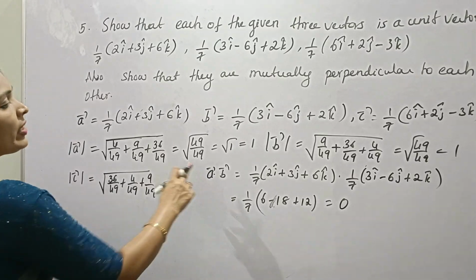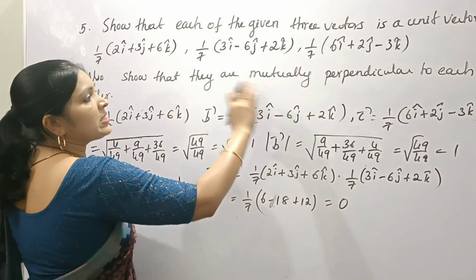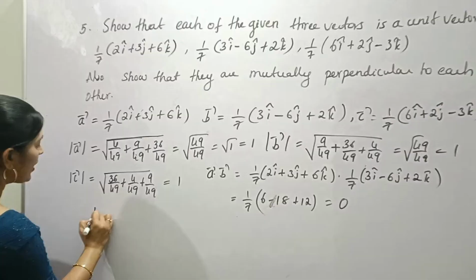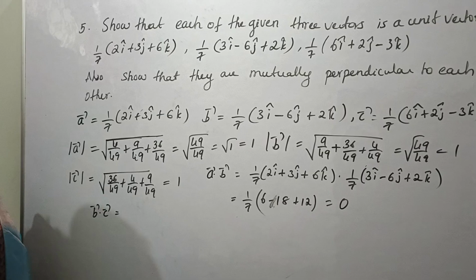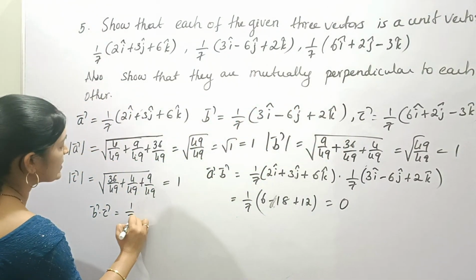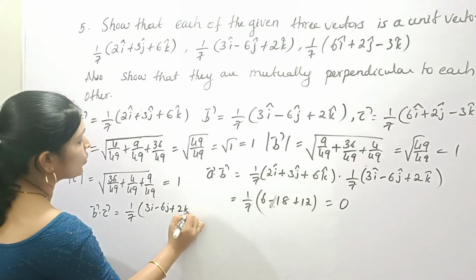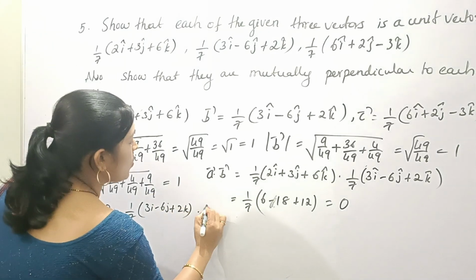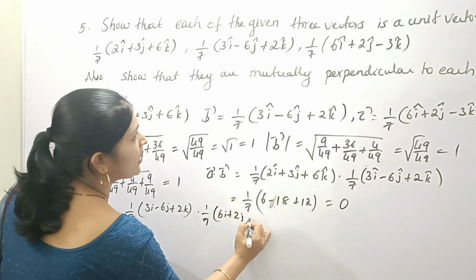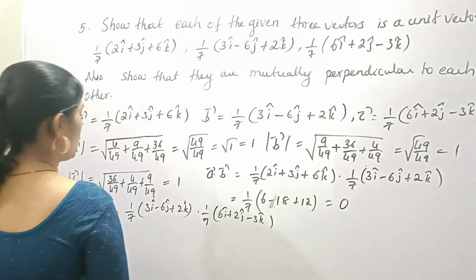Okay, next let's take vector B and vector C. Here we have to show these three vectors are mutually perpendicular to each other. Next we will find vector B dot vector C. So 1/7 (3i − 6j + 2k) dot 1/7 (6i + 2j − 3k).